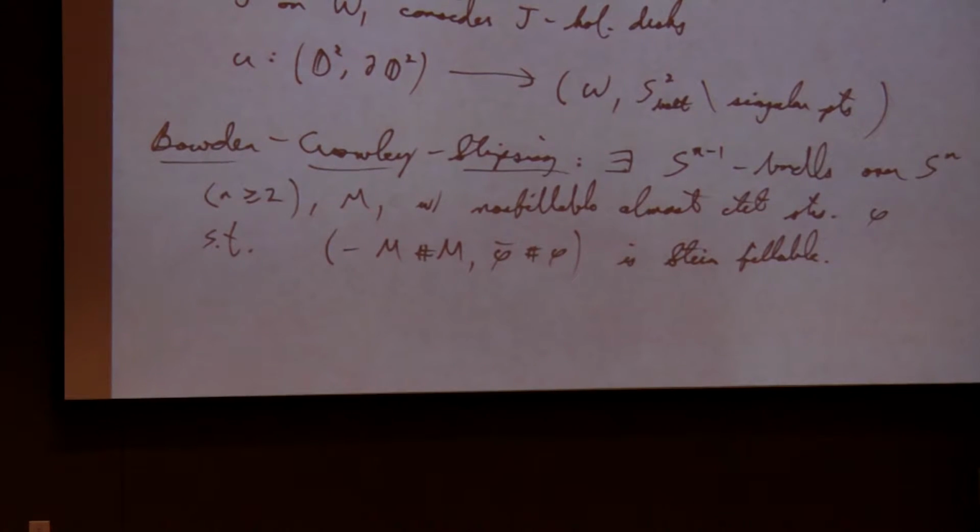So in other words, here we have an almost contact manifold that is Stein fillable, but it's definitely not true that all its Stein fillings are obtained by Stein fillings of the summands and then attaching a one-handle, because the summands themselves are not fillable.